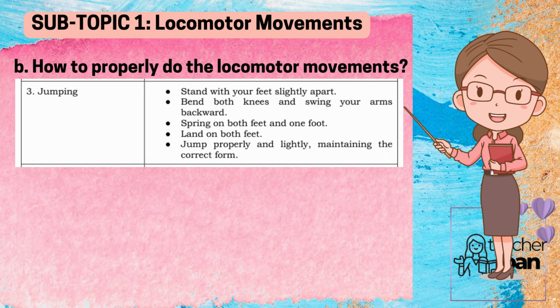Jumping. Stand with your feet slightly apart. Bend both knees and swing your arms backward. Spring on both feet and one foot. Land on both feet. Jump properly and lightly, maintaining the correct form.